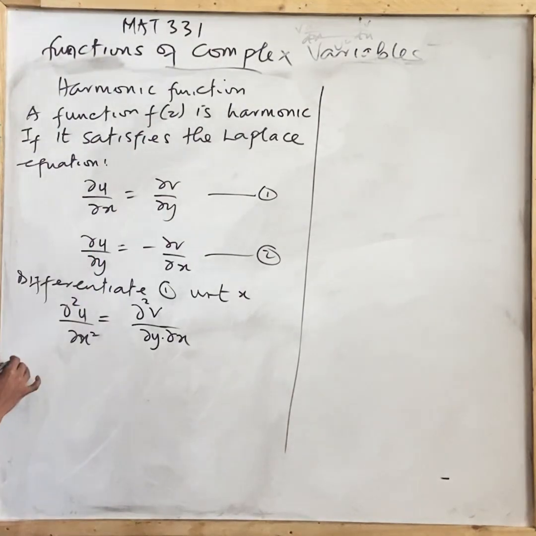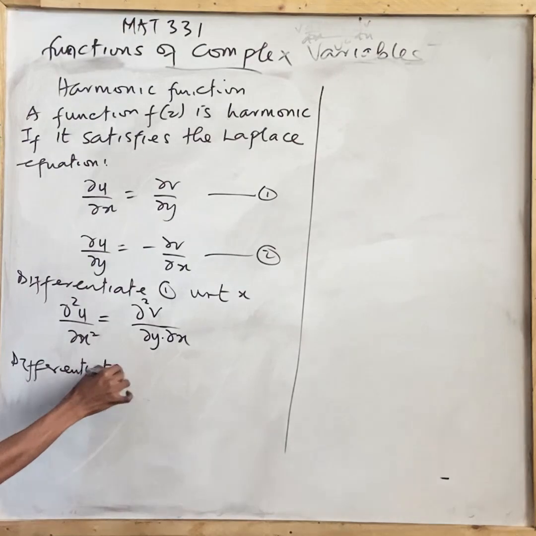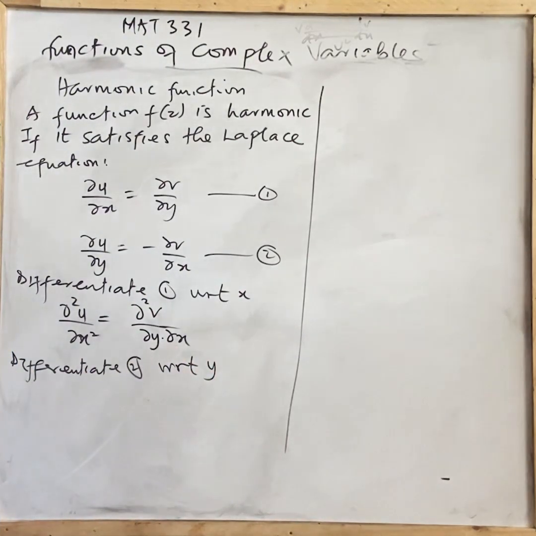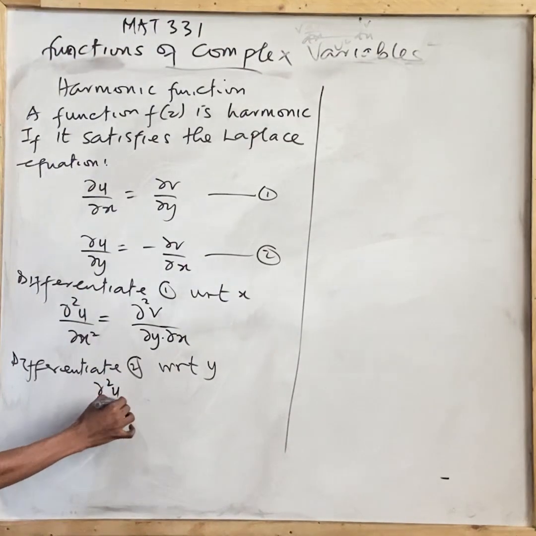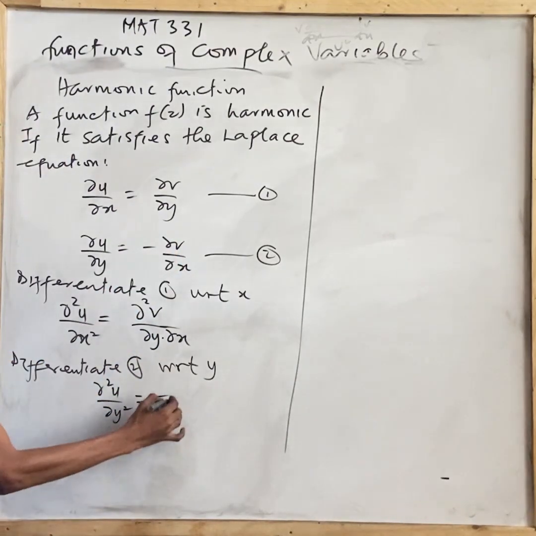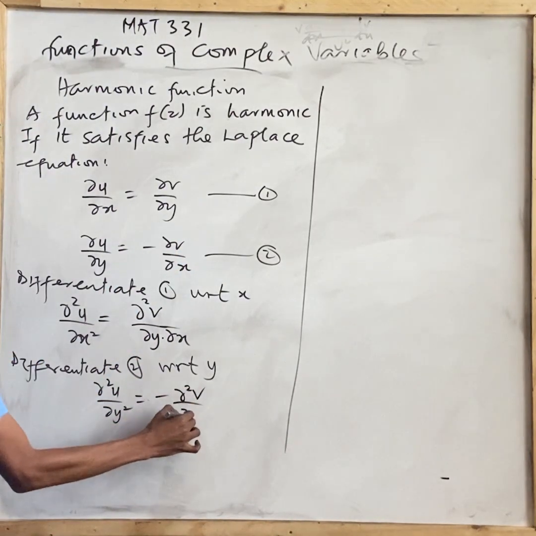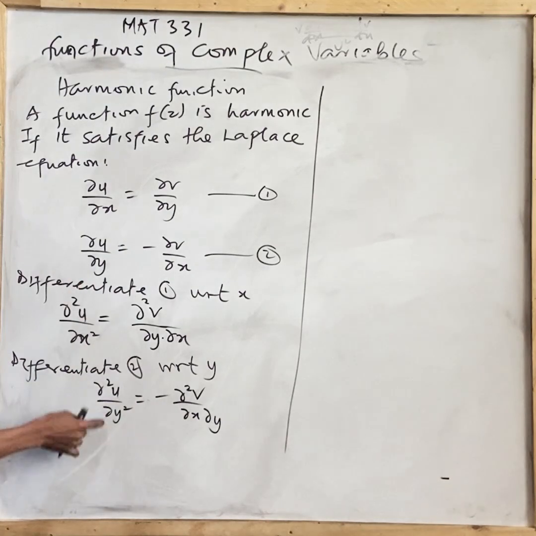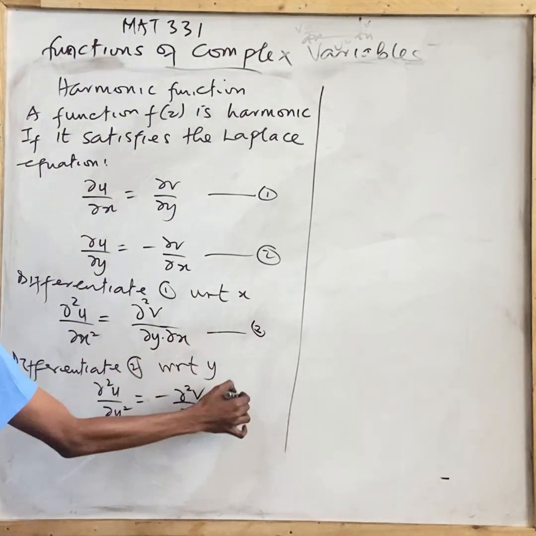And if I also differentiate equation 2 now with respect to y, I'm going to have d square u dy squared. Differentiate this one with respect to y, that's minus d square v dx dy, right? So if we now add these two together, let's say this is 3 and this is 4.